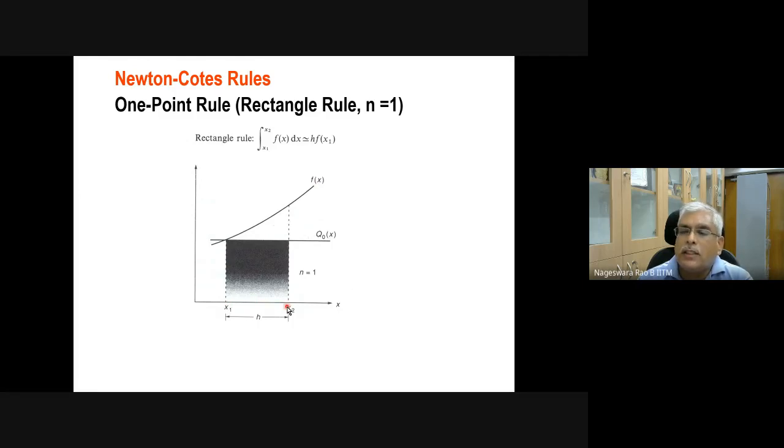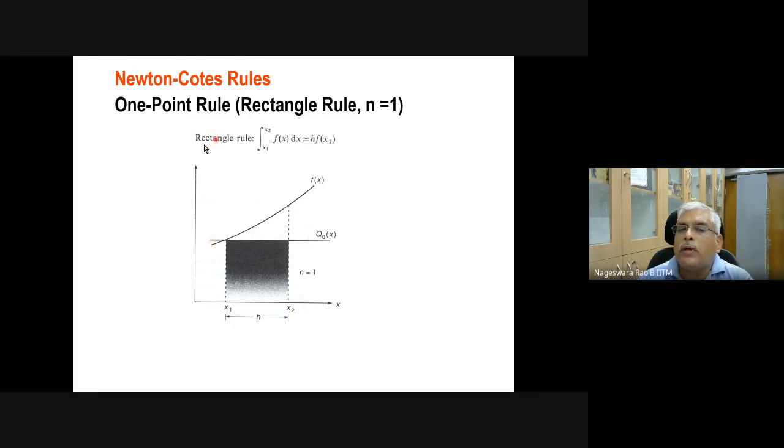But what you are doing by this is, you are taking the function value at this point, and multiplying with this x2 minus x1. x2 minus x1 is nothing but h.